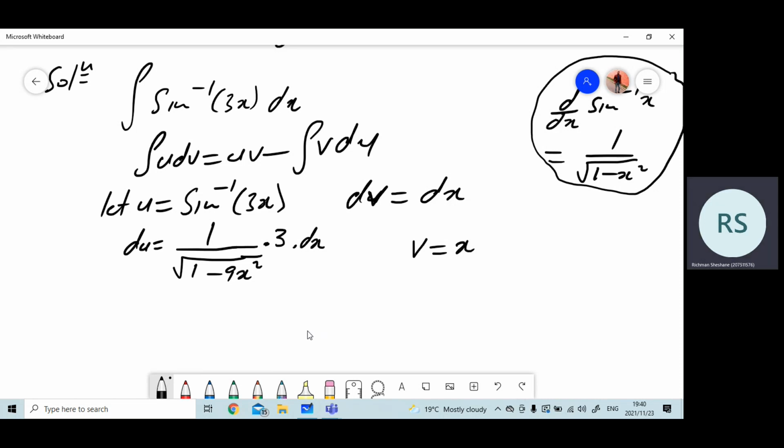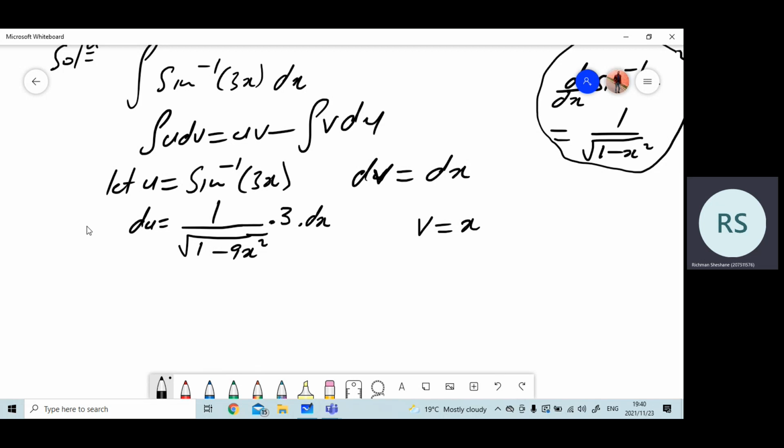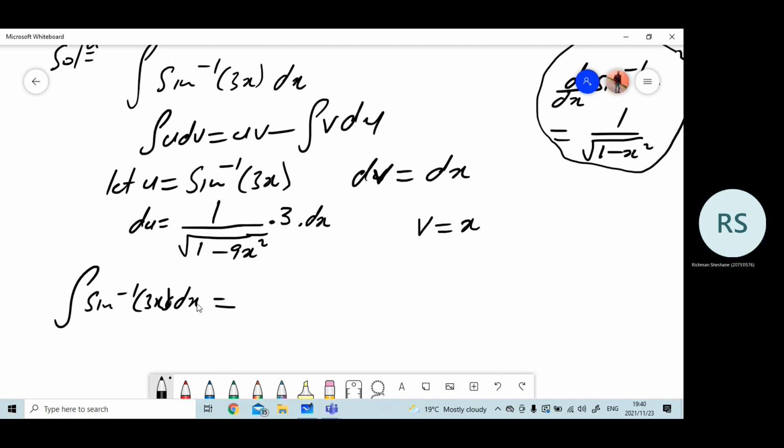Remember, we want to integrate sine inverse of 3x dx. We said this is u and this is dv. So now we follow the integration by parts formula, which is u v minus integral of v du.